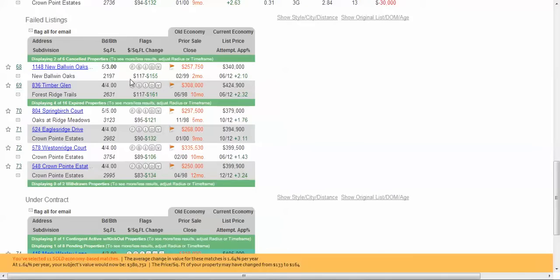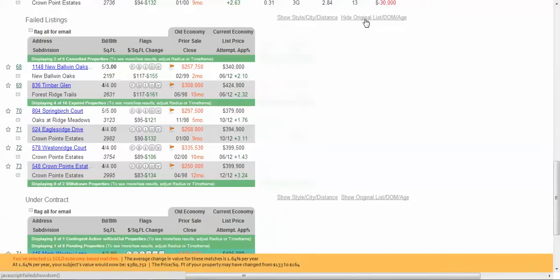The marketplace wouldn't let them go from 117 price per square foot, which they paid for it, up to 155, or 117 for this property up to 161. Remember, that's what they paid per square foot back in 1999 or 1998, and they're now trying to ask this. Neither one of them was able to do that, which is why they expired.